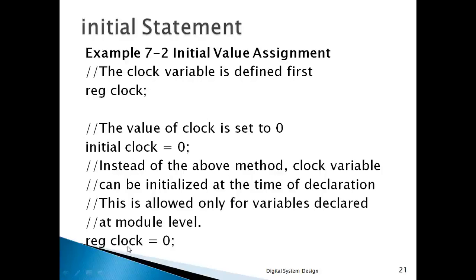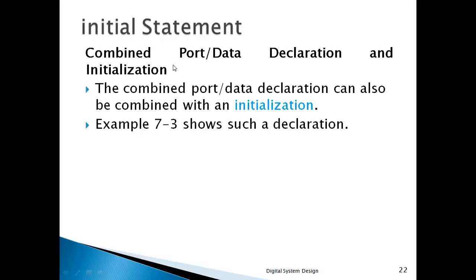Here you see that this clock should be defined first at module level, and then this reg keyword is used to assign the value 0. These two statements, reg clock and initial clock, are the same as this statement, reg clock equals 0.